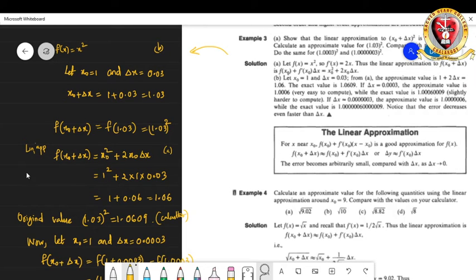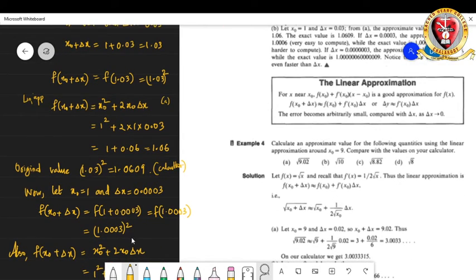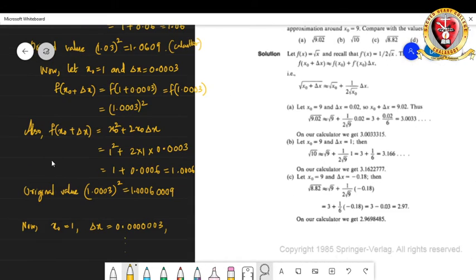We are also asked to find the square of 1.003. Here also you take x naught is equal to 1 and delta x is equal to 0.0003. In the same manner, find f of x naught plus delta x, which is 1.0003 the whole square. Using the linear approximation equation we proved in A, substitute the values and you get this. Using a calculator, you get the original value to be this.